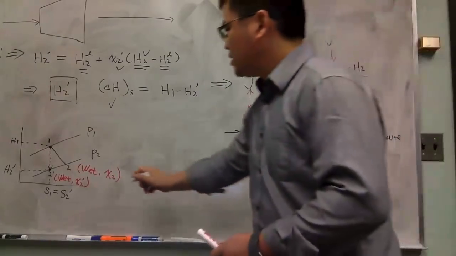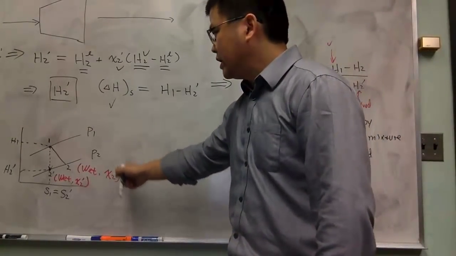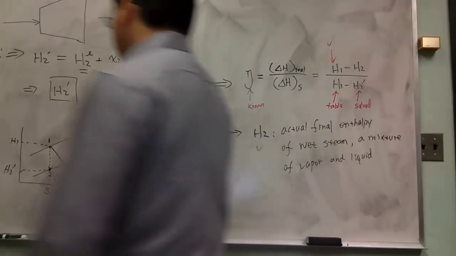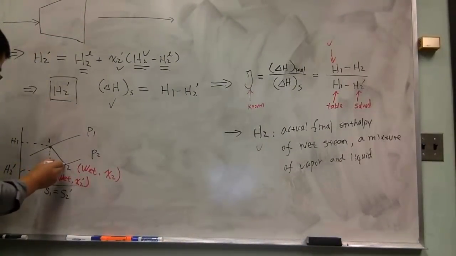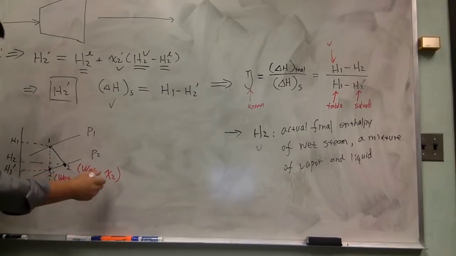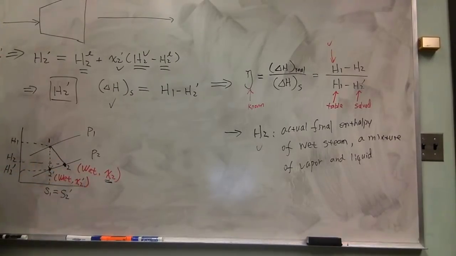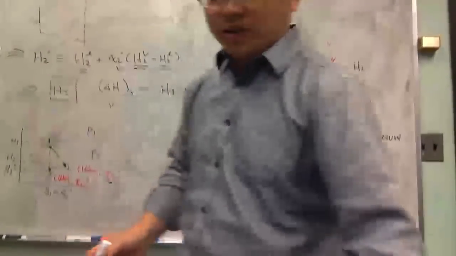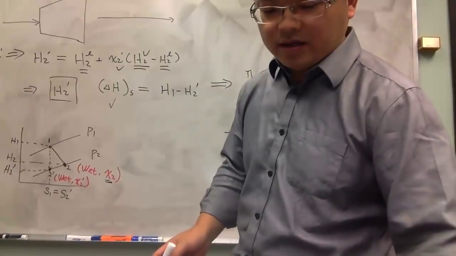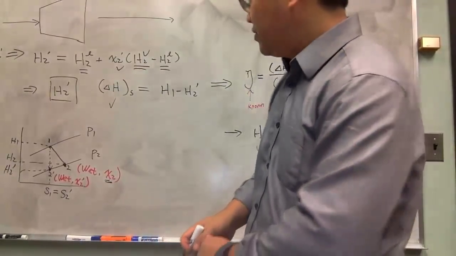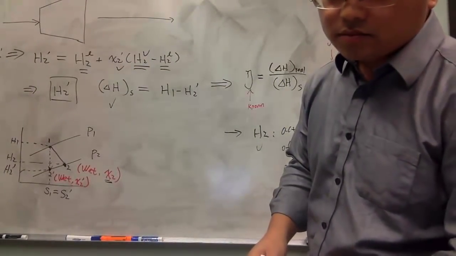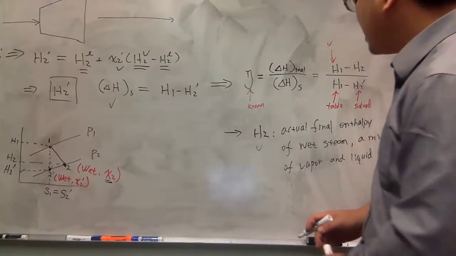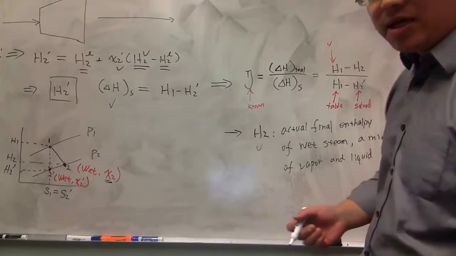However, if you go back to this diagram over there, we have figured out H2 of that mixture, but we don't know what is the X2 value, the ratio between the vapor and liquid of the actual final. However, we can calculate that. Why?